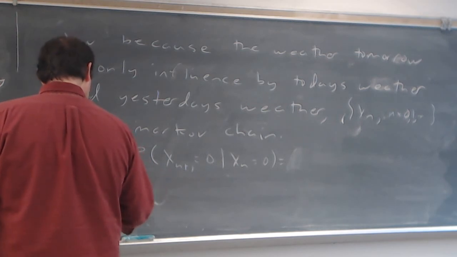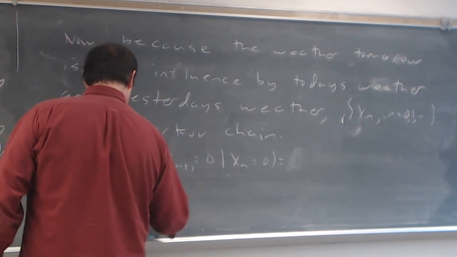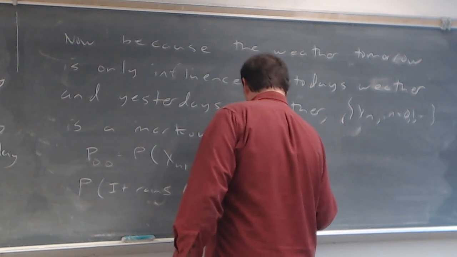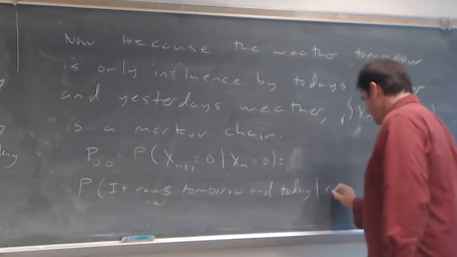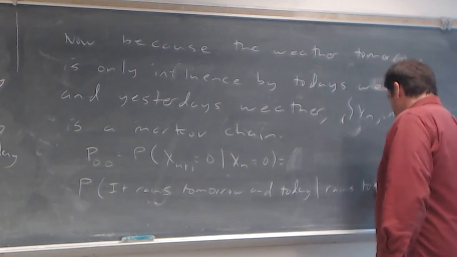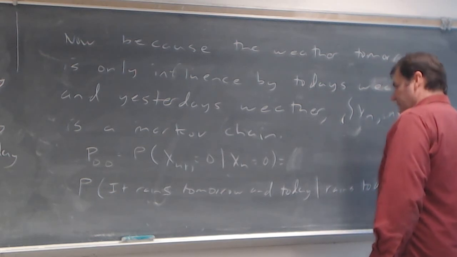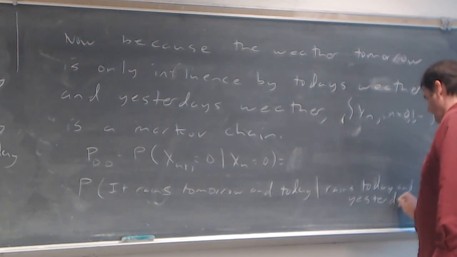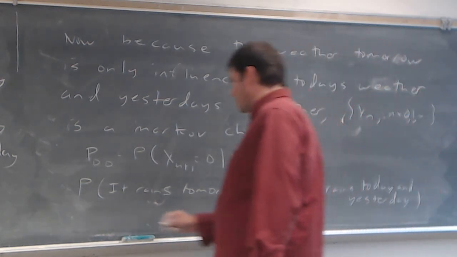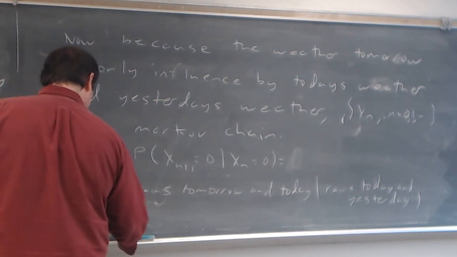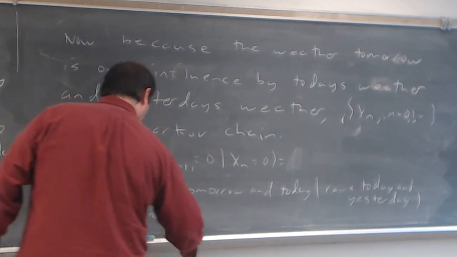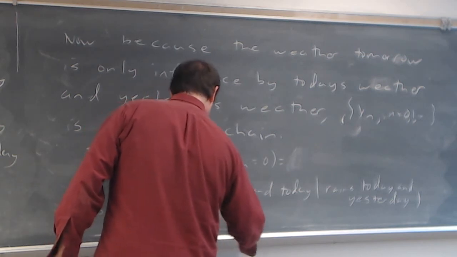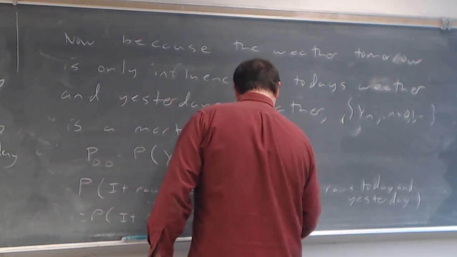So that would be the probability that it rains tomorrow, given that it rains today and yesterday.